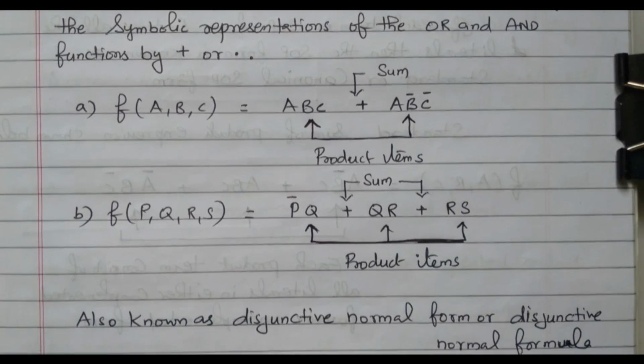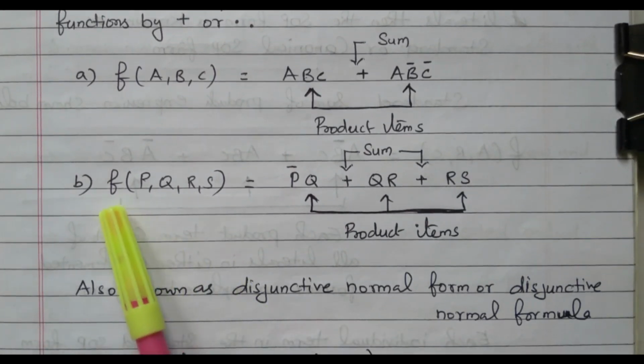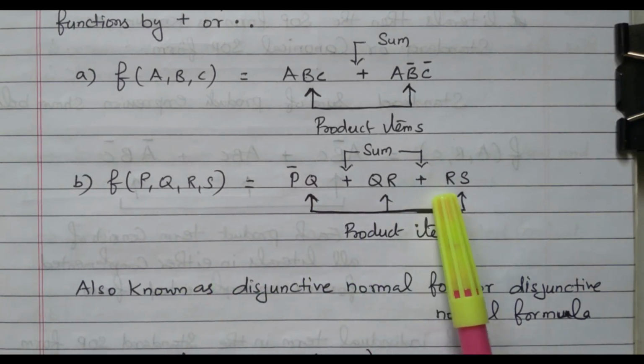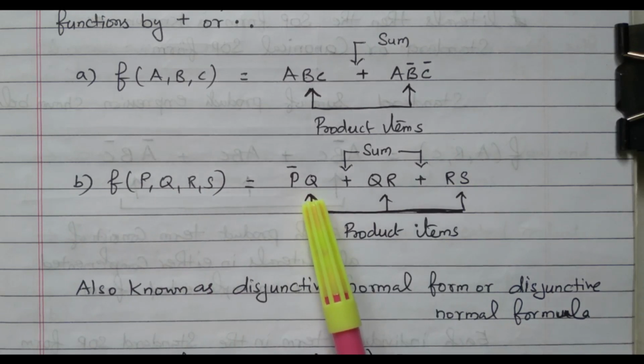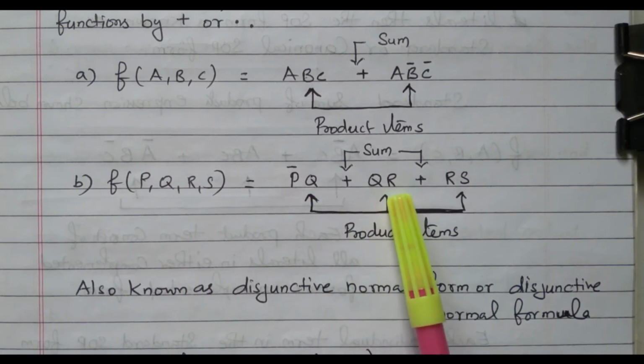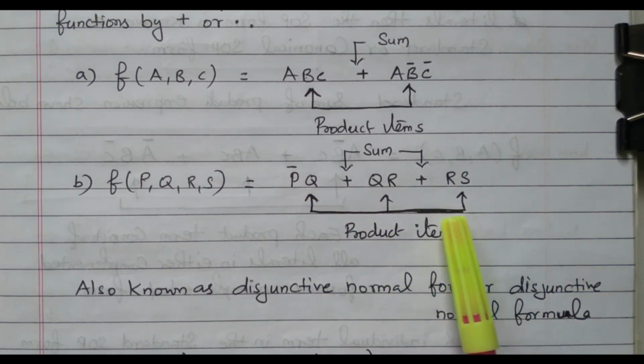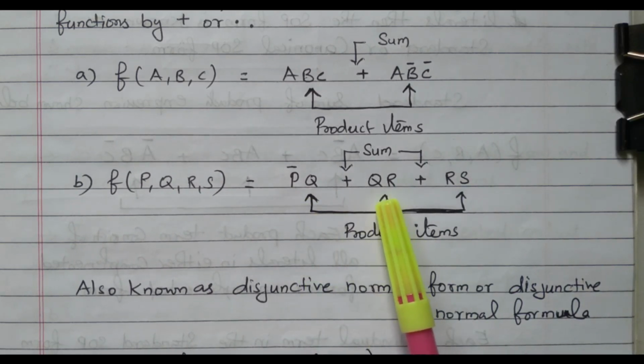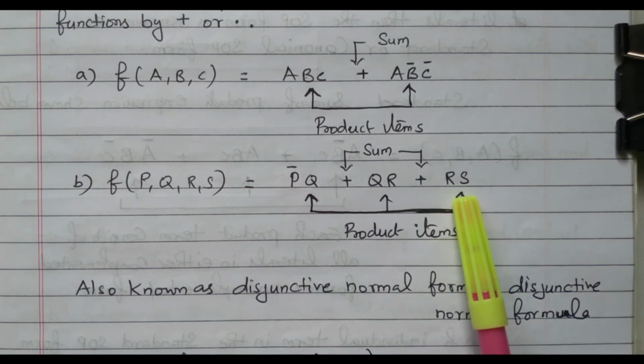One more expression is available, f of p, q, r, s. There are four literals, p, q, r, s. Here three terms are available: p bar q plus q r plus r s. p bar q is one product term, q r is another product term, r s is another product term.